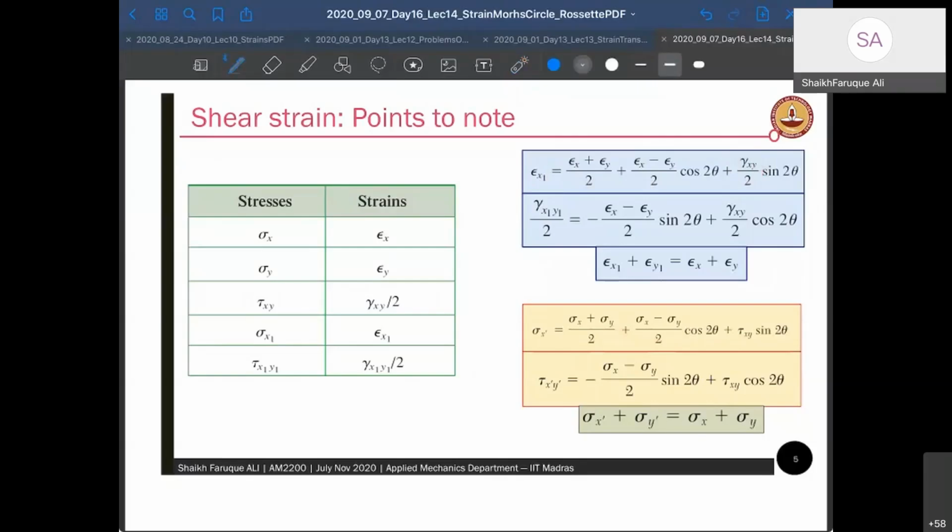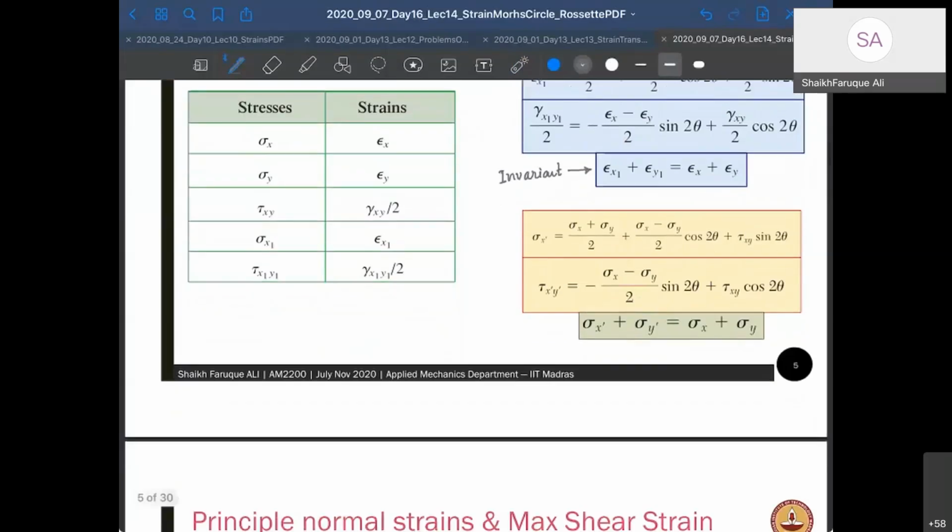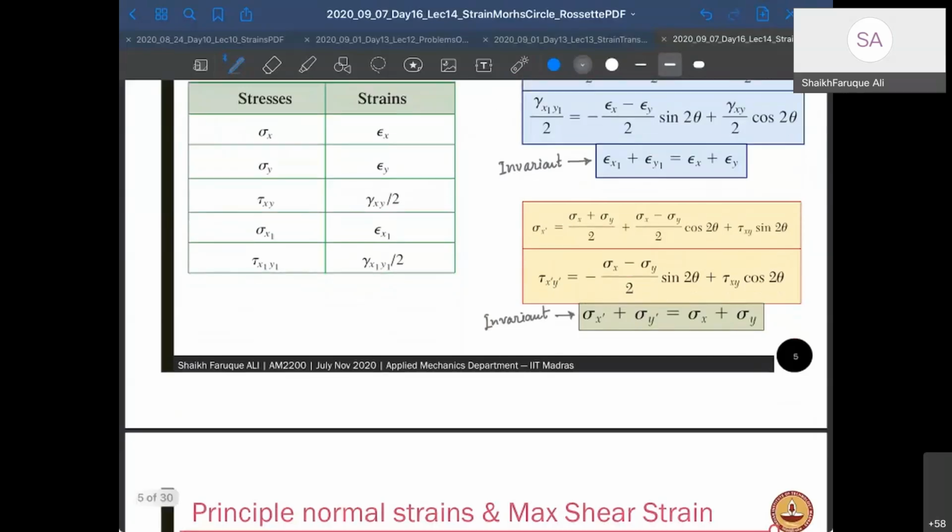There are two invariants actually. Please note the first invariant: epsilon x1 plus epsilon y1 equals epsilon x plus epsilon y. Similarly, sigma x dash plus sigma y dash is equal to sigma x plus sigma y. Another invariant is given in your coursework, in your assignment to solve: sigma x dash into sigma y dash minus tau xy square is equal to constant.